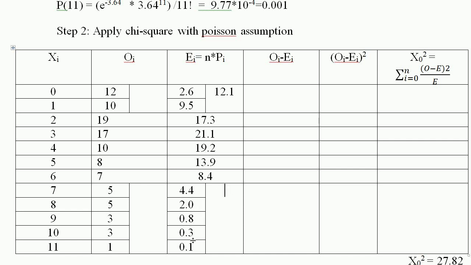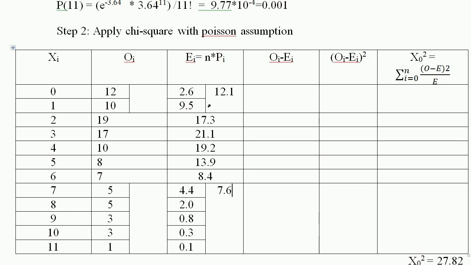So I am combining all these 5 values, and adding them we get 7.6, which is greater than 5. Now the number of intervals is reduced. How many values do we have now? 1, 2, 3, 4, 5, 6 and 7 values. So the number of intervals is now reduced.